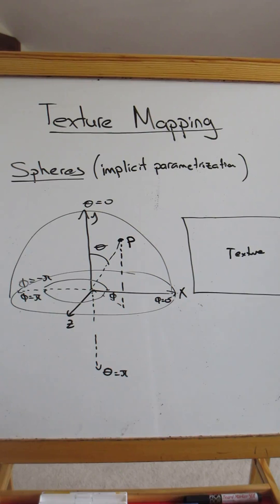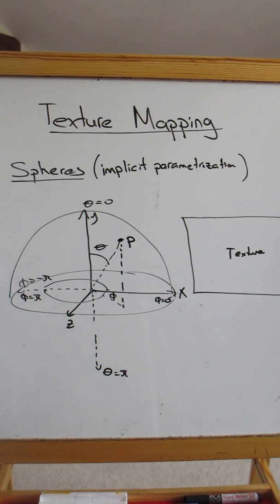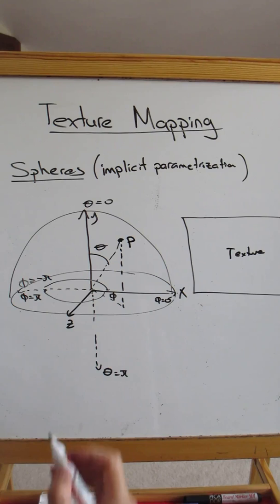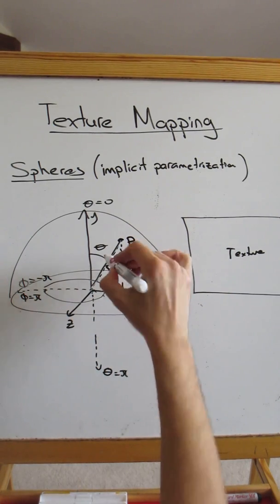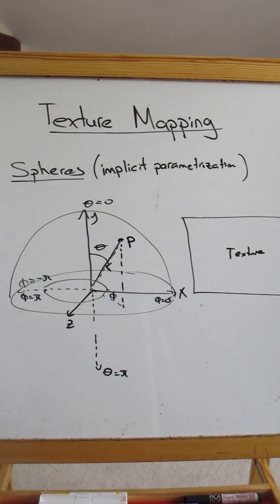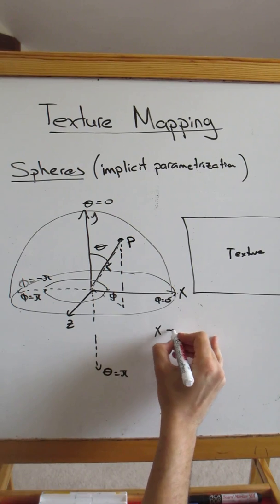Now, first of all, let's compute, given a point P, the x, y, z values. We are going to derive this from trigonometry. Imagine that this distance is r, which is the radius of our sphere. We can compute x as follows.